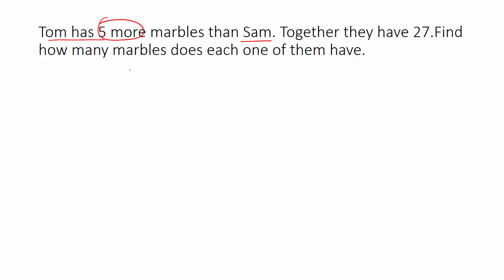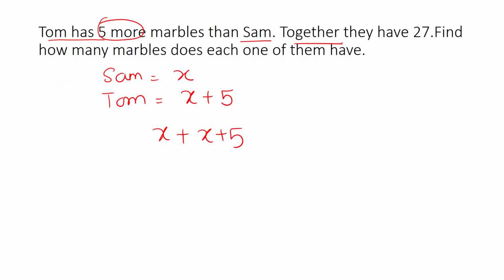So we will say that Sam has x marbles, and Tom has 5 more than Sam, so x plus 5. When we add them, x plus x plus 5, together they have 27. Find how many marbles each one of them has.